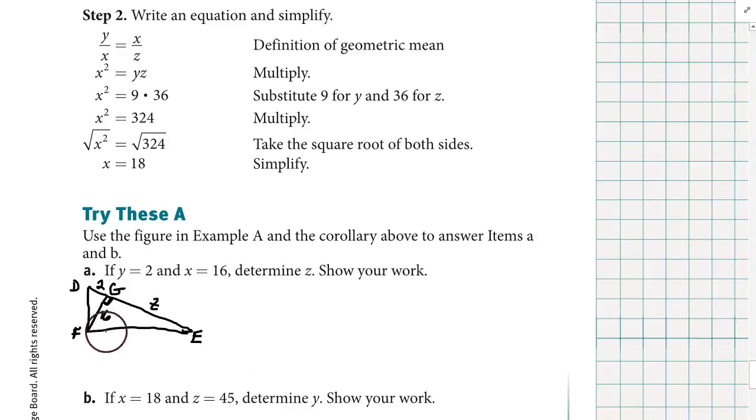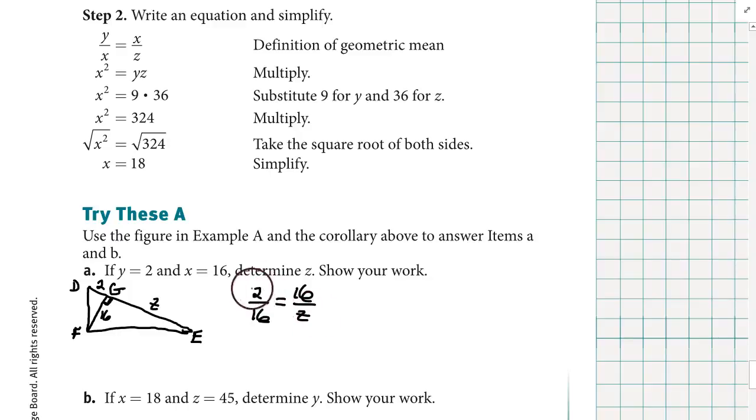We have a right triangle, we have an altitude drawn, and we know how long that altitude is. We have a 2 written on the short piece of the original hypotenuse, and we have the letter z written on the other piece of the hypotenuse. We're going to use the first corollary. Here's how it works. The 2 is to the 16 as the 16 is to the z.